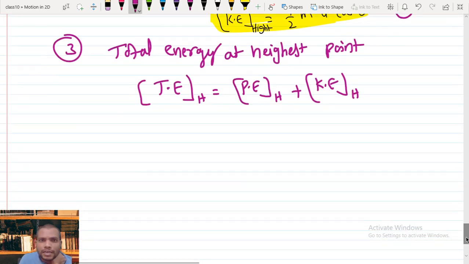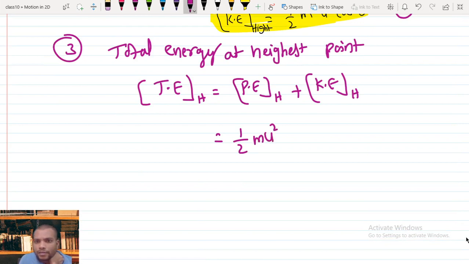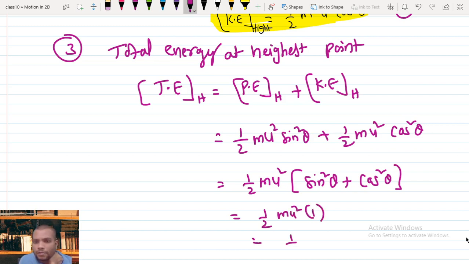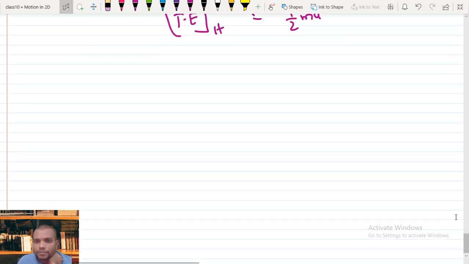Potential energy at highest point is half m u square sine square theta, and kinetic energy at highest point is half m u square cos square theta. Taking half m u square common, we get sine square theta plus cos square theta, which is 1. So total energy at highest point equals half m u square.